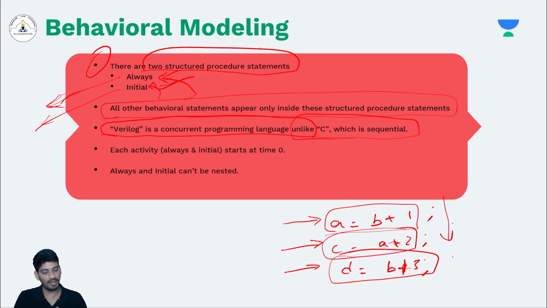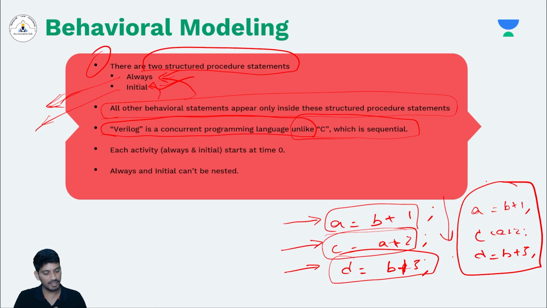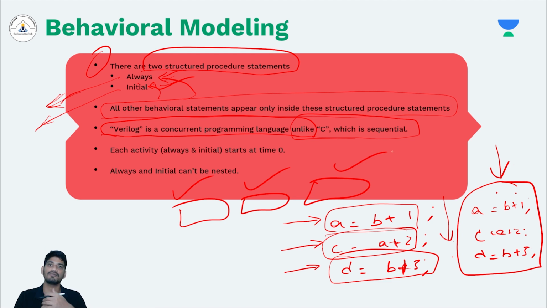But in the case of Verilog, if you write the same thing, all the three statements will execute at the same time. This is called concurrent programming. So in Verilog, whatever statements we have, they will execute parallelly but not sequentially, which is very important and very useful in the case of Verilog.